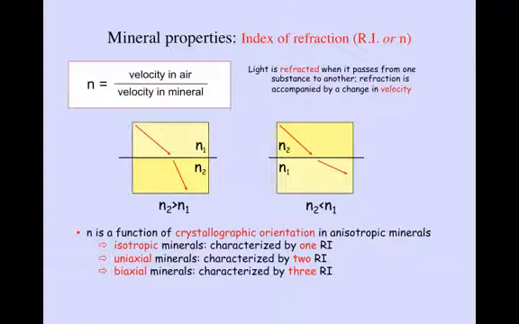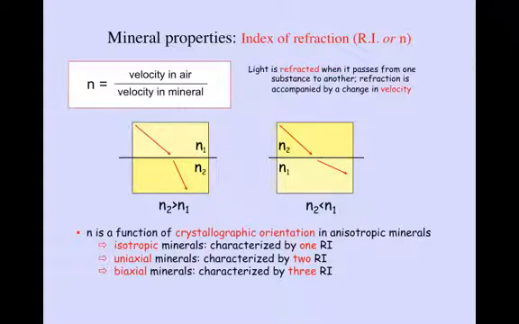Isotropic minerals, those are ones like garnet, have a single refractive index because light is passing through at the same speed no matter which direction the crystal is oriented. Uniaxial minerals like quartz have two refractive indices, and biaxial minerals are generally characterized by three refractive indices.